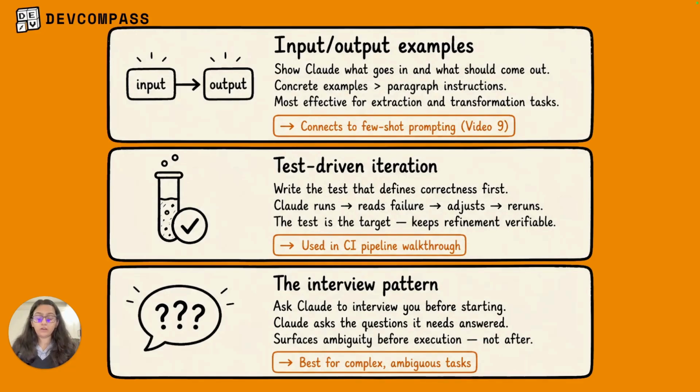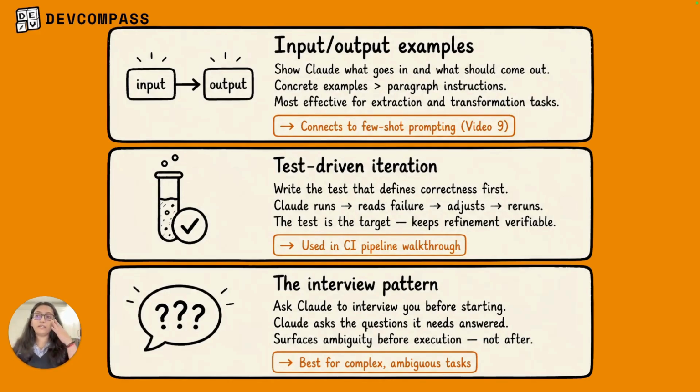So what you see here in video 5 is the version that is going to apply during iterative refinement of a Claude Code task. The same principle is applied to prompt engineering as well. So you need to hold that connection in mind, how all of these are connected.